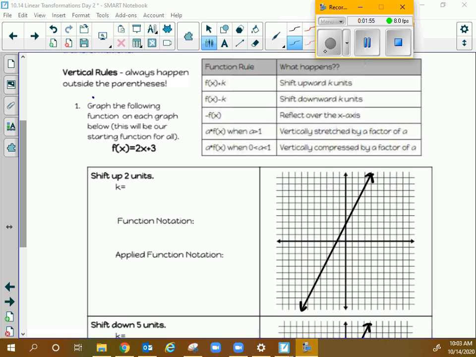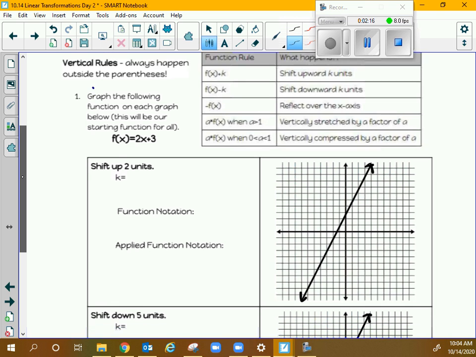If you are reflecting over the x-axis, that's vertical; if I flip over y, that's horizontal. You're going to multiply by a negative. And vertically stretching and compressing is when the slope changes, but we'll talk about that on the next page. So let's just talk about up and down.